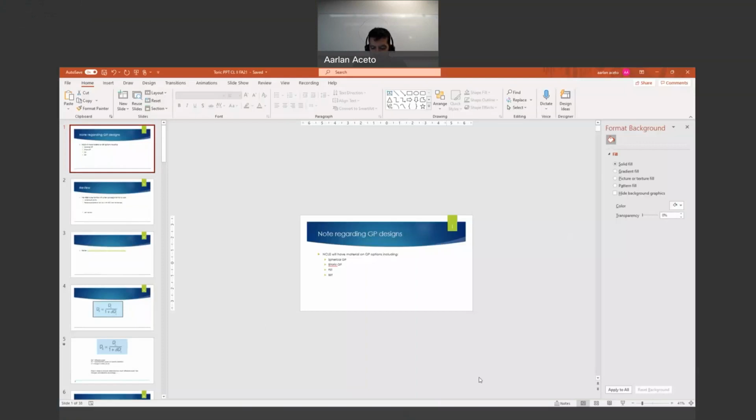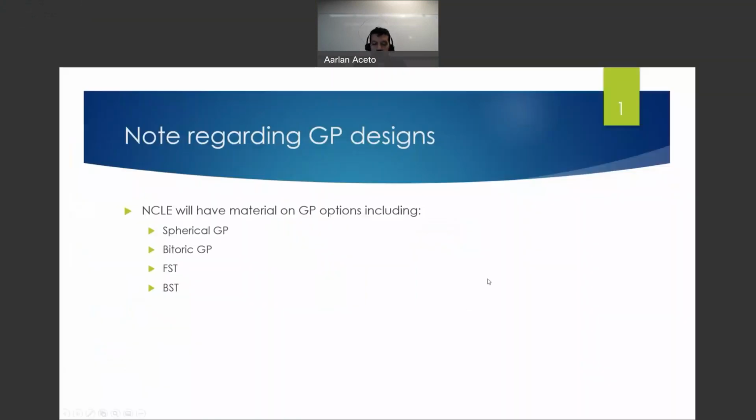Now, like we did in our lab, we're going to talk about gas permeable lenses. There are 4 different ways you can make a gas permeable lens. The one that we've talked about exhaustively is the spherical gas permeable lens. This is a gas permeable contact lens with a single spherical curve on the back in terms of the power, and the same on the front.